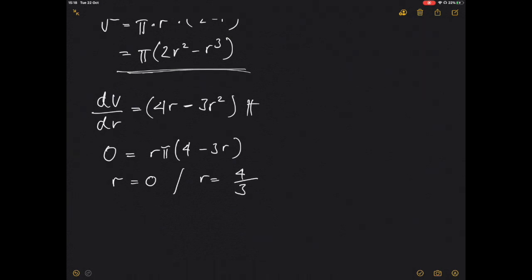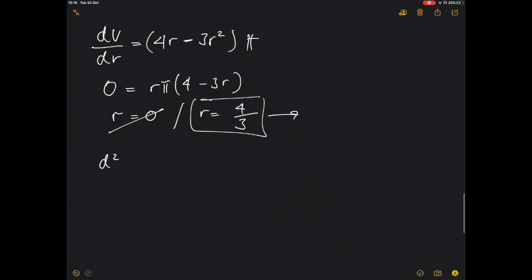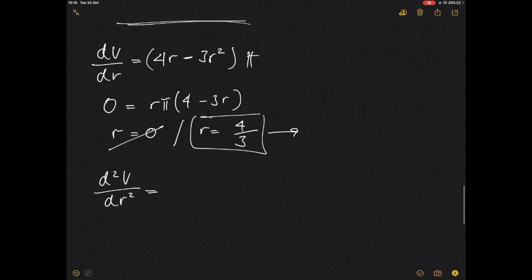So straight away, yes, it is going to be a minimum if we have r equals 0, but we can't have a radius that equals 0 because that's just not physically possible. So all we have here is r equals 4 over 3, which we can check is our answer. So then we can say that d squared v by dr squared equals, well, we can take the second differential here.